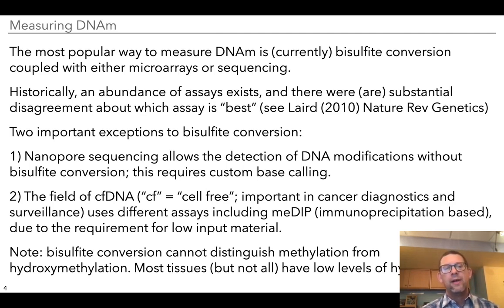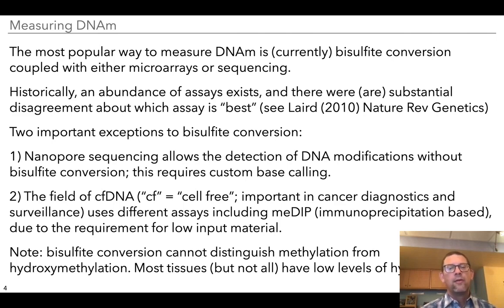And then there's an emerging and important field of cell-free DNA, very important in cancer diagnostics and surveillance, where they use a different set of assays, including MeDIP, which is an immunoprecipitation-based assay. And they do this because they have a requirement of being able to handle very low amounts of input material.